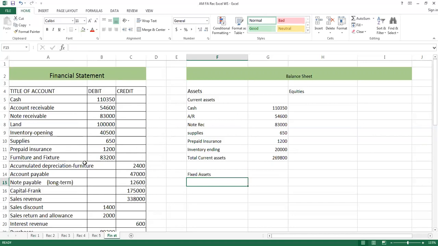In fixed assets, first item which is given is land. Land amount is 100,000. The second title which is given in fixed assets is furniture and fixture.